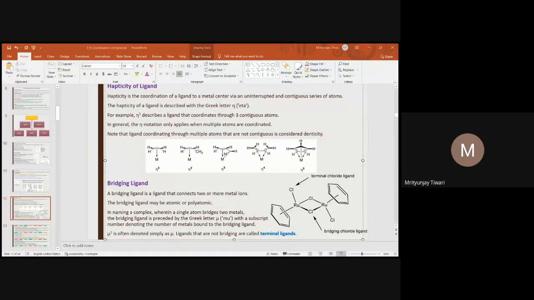So these are the equatorial bonds and these are axial bonds, and in that case we have seen the axial bonds in the trigonal bipyramidal are always longer than the equatorial bonds, and that is because of the repulsion. And if there is a lone pair, as in the case of inorganic compounds that we have already seen, lone pairs will always occupy equatorial positions because the repulsion in that case will be minimized.